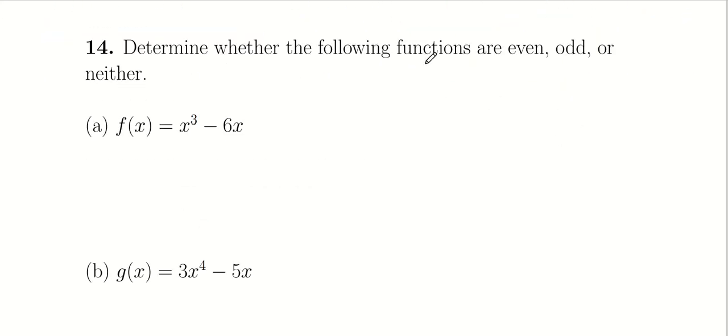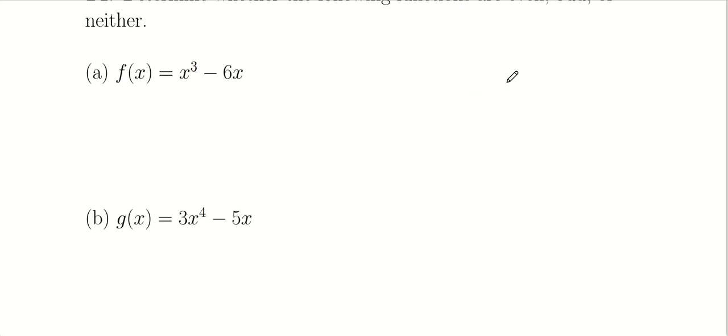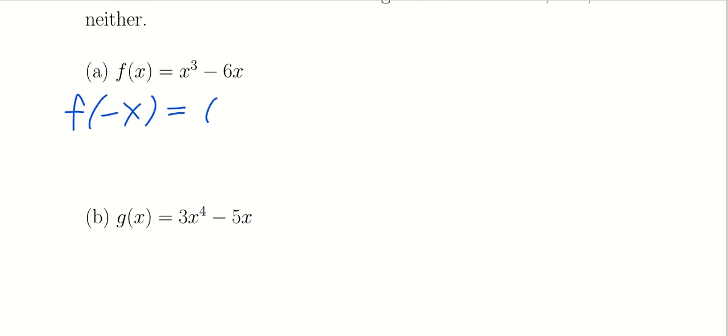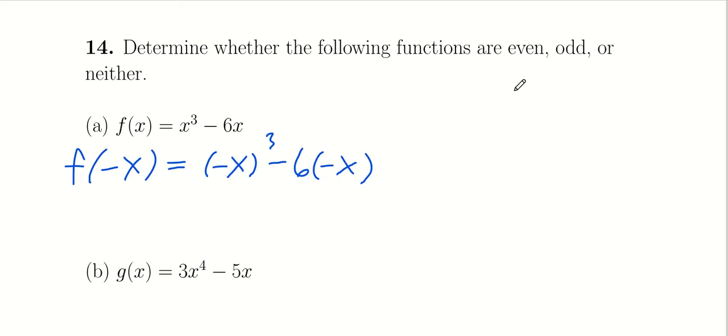In question 14, we want to determine whether the following functions are even, odd, or neither. The test for this is you replace x with negative x. So everywhere we had an x in the original expression, we swap it out for negative x, and then we try to see what this reduces to.